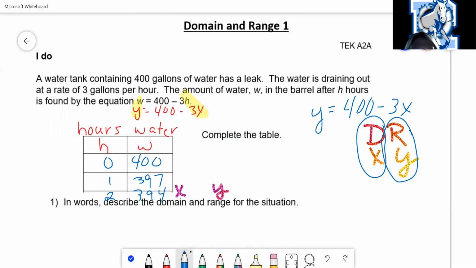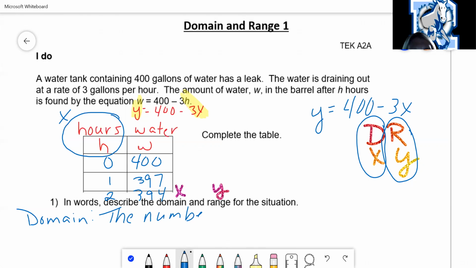So for my domain, in words, what is it that's in the X column? This is the X column. What is it that they're talking about? This is going to be the number of hours. Then the range is the Y. Right here, you see that this is in the Y spot.